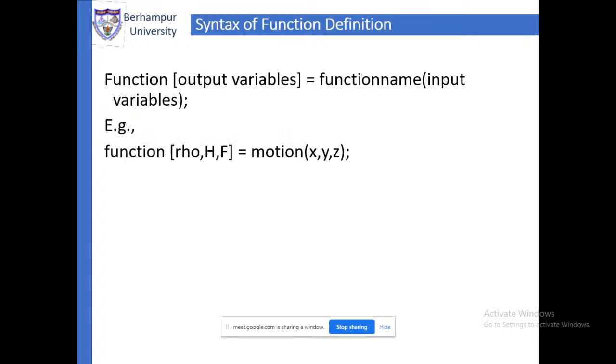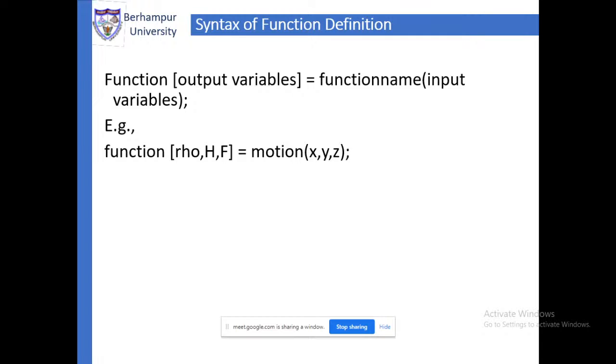Output variables means the variables that are coming out of the function. If you execute the function, which variables do you want as output, x, y, z, whatever it is. So write that. It can be one variable. If only one output is required from the function, then you can drop the square brackets.